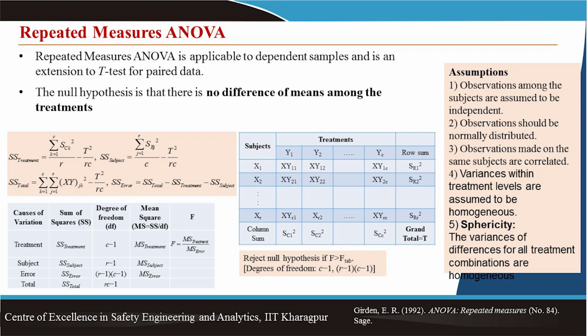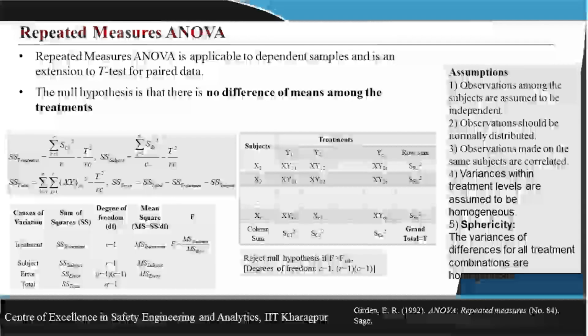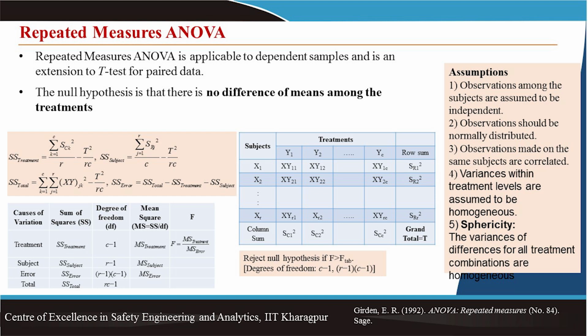With this notation, if we want to know the variability accounted for by the treatments, then the formula is this. SS means sum of squares of treatment. Sum of squares is a measure of variation or variability in the response variable that is contributed by the treatments.